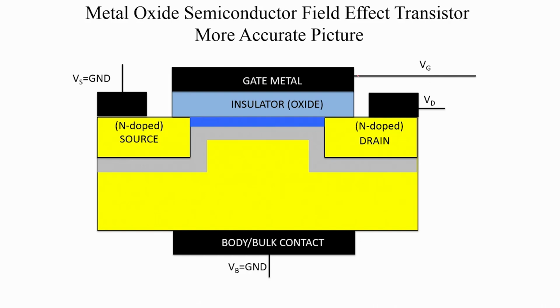You have your gate metal, you have your source, which I have grounded, and you have the body, which is also grounded. So, the body to source voltage is 0, and you have a drain voltage being applied. So, you have a certain drain to source voltage that is greater than 0, and a gate voltage VGS that is greater than the flat band voltage, or in this case, since the channel is already formed, greater than the threshold voltage.